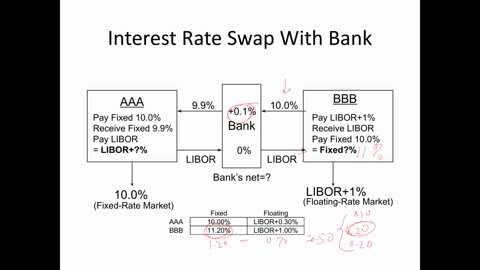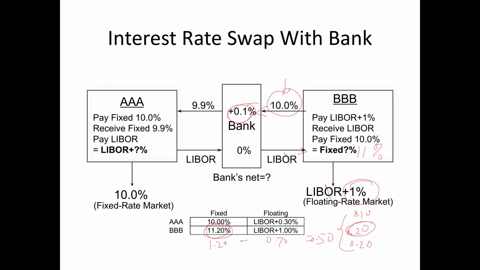Since they are obligated themselves in the floating rate market with the payment of LIBOR plus 1, LIBOR cancels each other out. They need to pay an extra 1% plus LIBOR. Now we have 11 minus 1, then we have 10. So triple B is going to pay 10 to the bank.